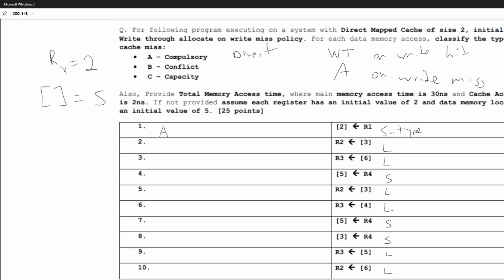Okay, well, 2 mod 2 is equal to 0, so the 2 goes here.